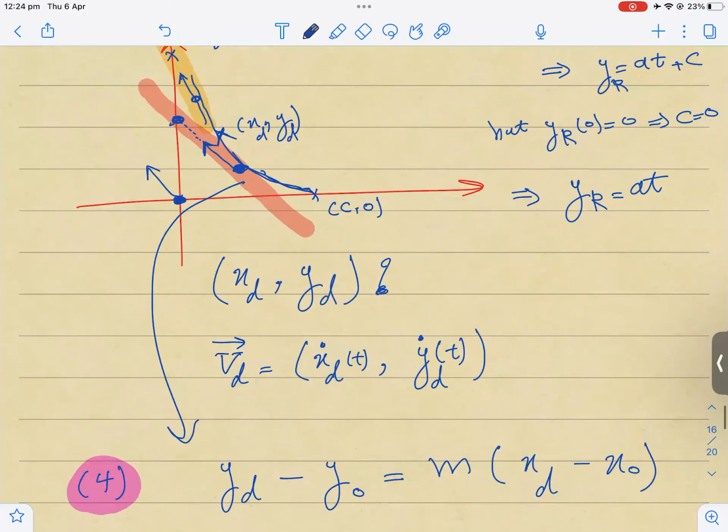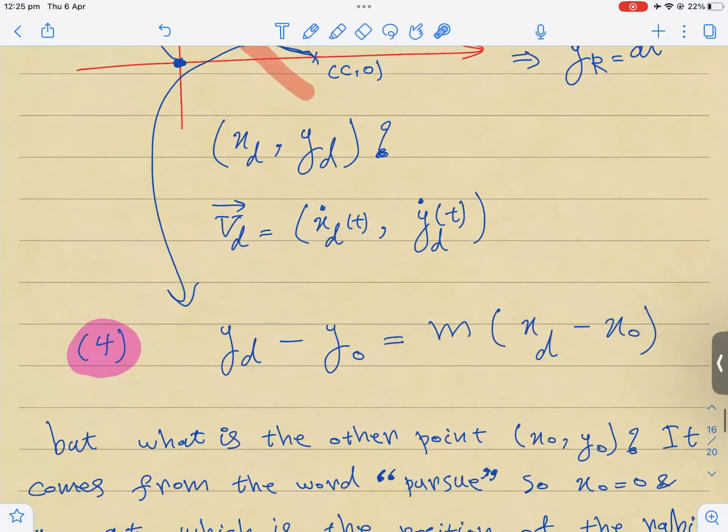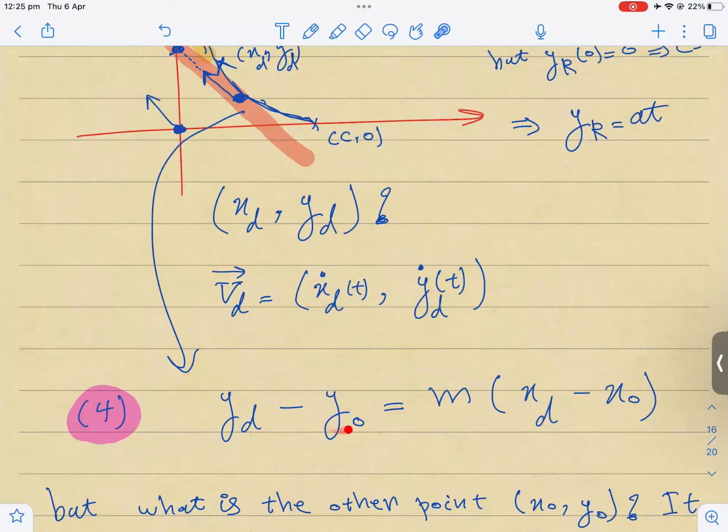Now here you see this point, XD, YD. I want to know XD and YD, but I have a trick. This is a line, so it has the equation YD minus Y0 equals M, the slope or gradient, times XD minus X0.